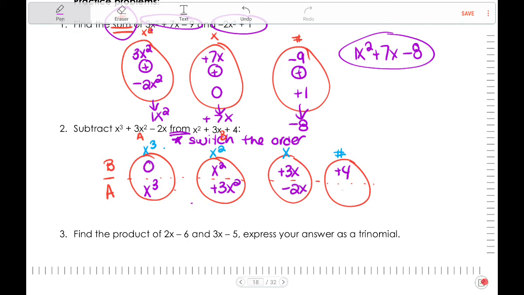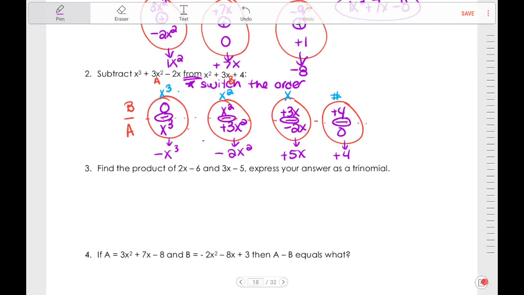Put in your placeholders and make sure to put the subtraction and distribute it to all your like term bubbles. So that is my final answer.